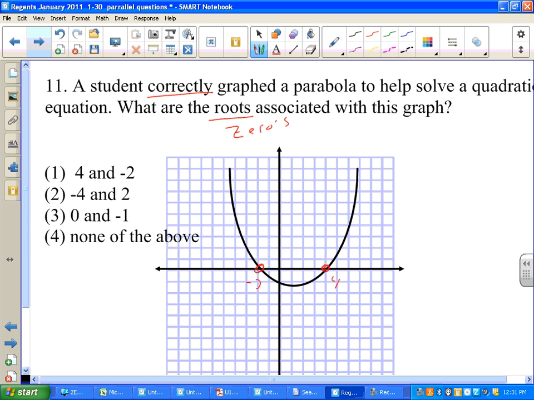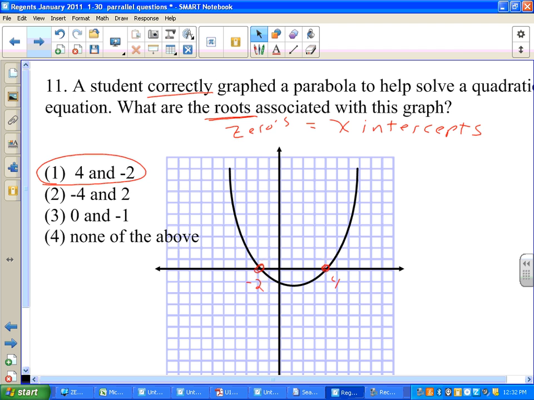That's at 4. That's at -2. For this one, make sure that you write down that the roots are the same as the zeros. The zeros are the same as the x-intercepts. Hit pause, make sure you jot that down.